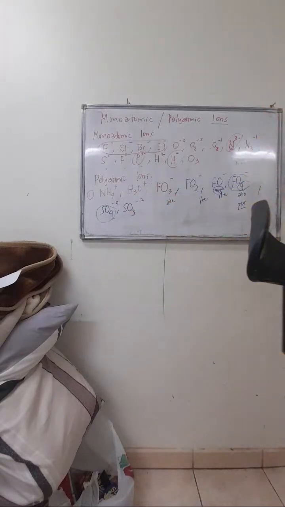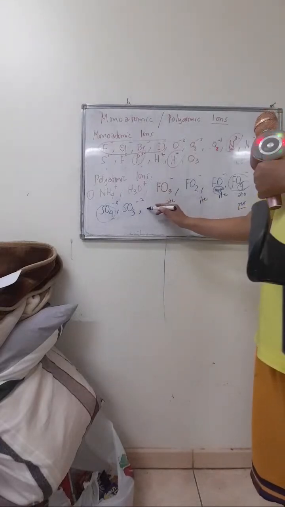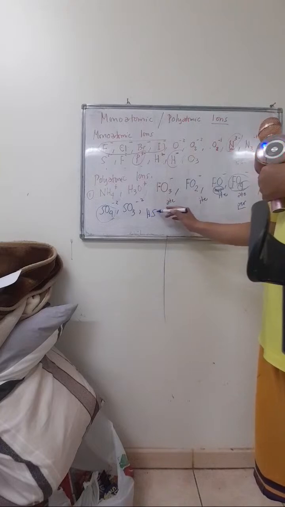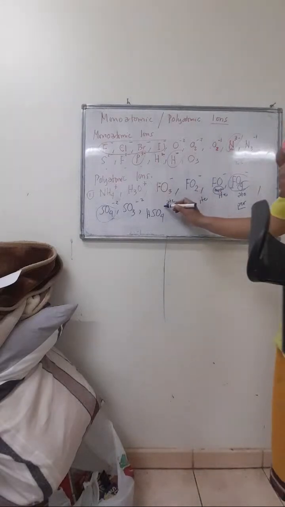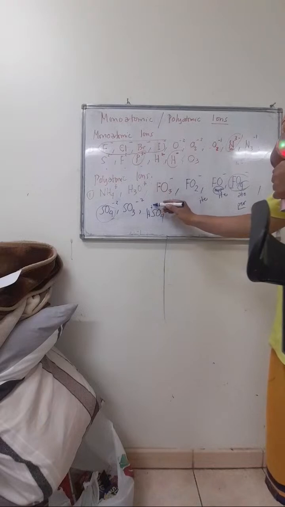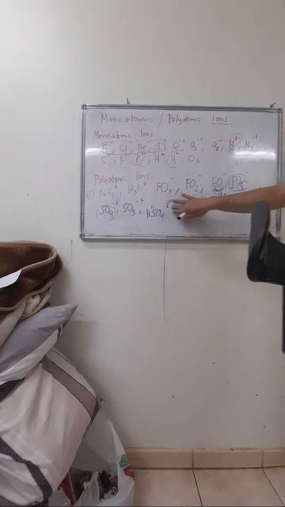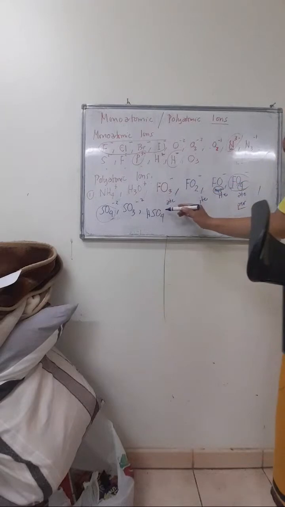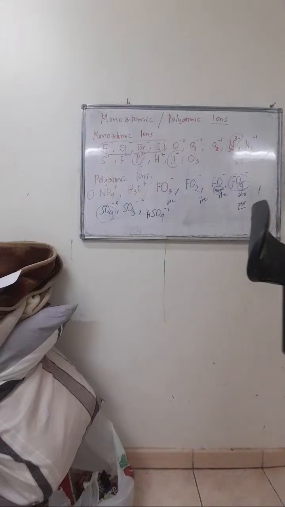Now, if I add hydrogen here, hydrogen sulfate, what is your charge? The charge of sulfate is negative 2 and the charge of hydrogen is positive 1. Minus 2 plus 1 is still negative. So this is HSO4 negative 1, your hydrogen sulfate or bisulfate.